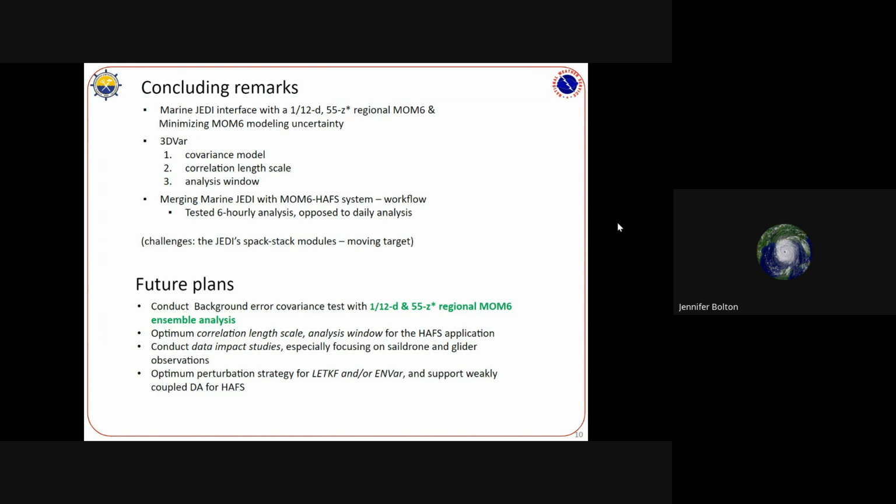The next one is again the correlation length scale and the data assimilation windows. And once we are content with the data assimilation, we're going to go with the data impact study, especially focusing on saildrone and glider observations. And then finally, we want to find a better perturbation method for EnKF or EnVar for later on. Thank you.